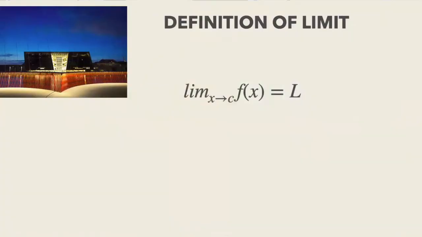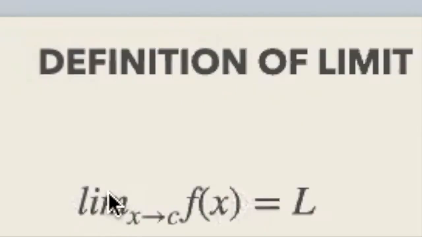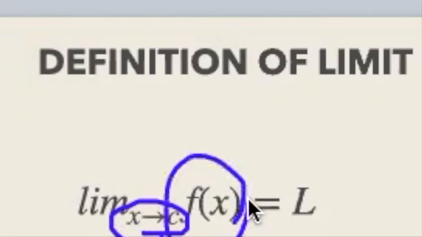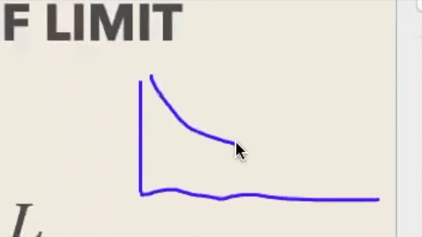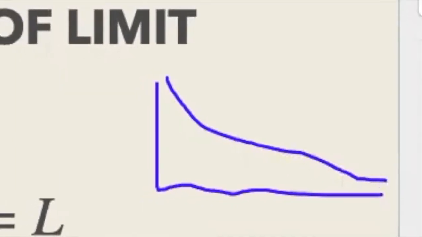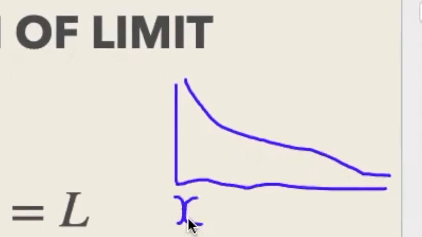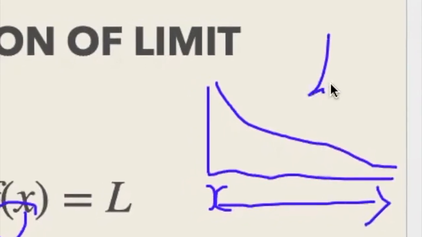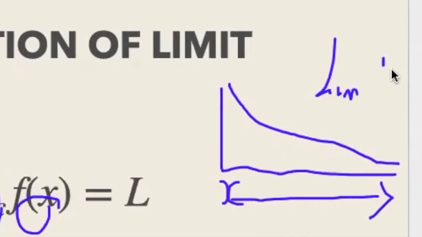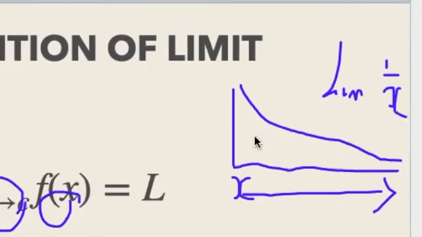Now, this is a general definition where we know the limit as x tends to c for the function f of x is equal to L. All we're saying is that we have a function, and the common function is 1 over x. As x tends to infinity, we know that the limit of 1 over x as x tends to infinity is 0.